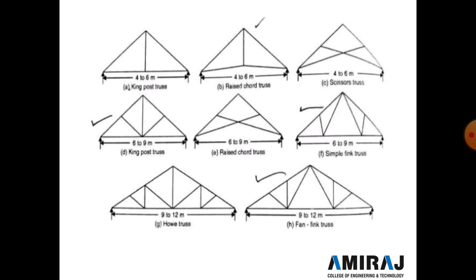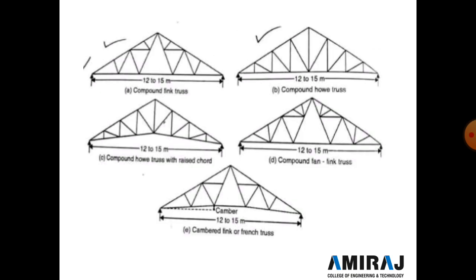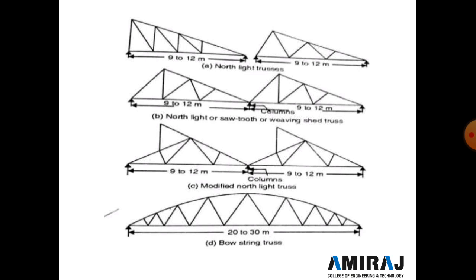All the different trusses are given with different spans. Here see that these bowstring trusses are generally used if the span is large, so we provide two slopes in between.